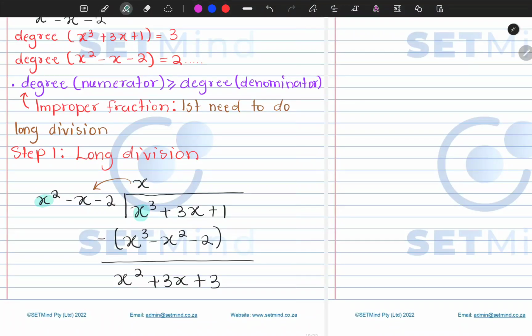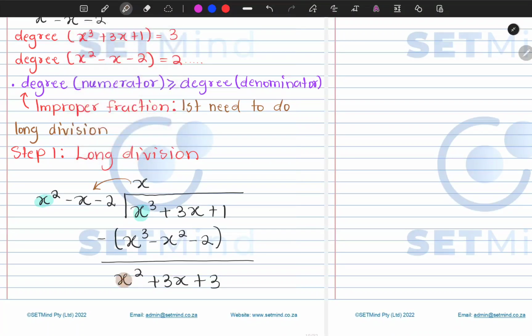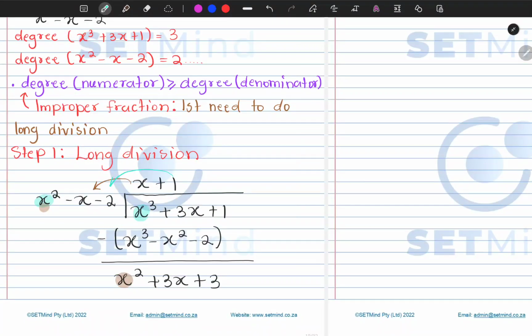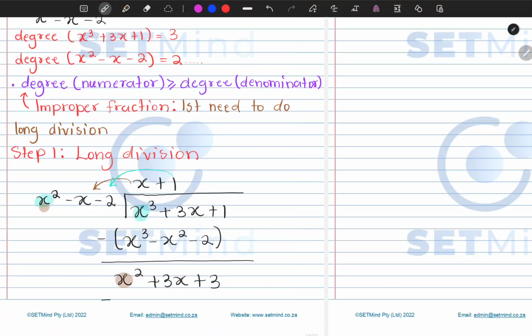Then what we can do now is to go ahead and divide one more, the x squared, with that. So x squared divided by x squared gives us a 1. Then we need to take the 1 and multiply by it there, and that will be minus, when you multiply with the 1, you get x squared minus x minus 2.